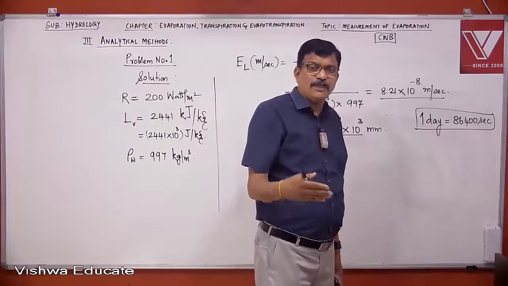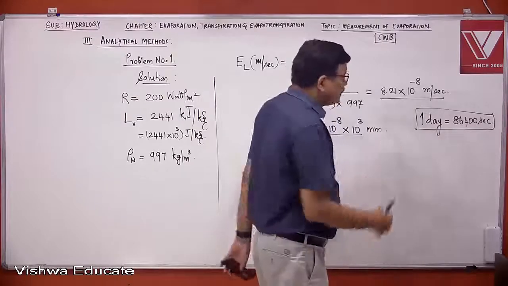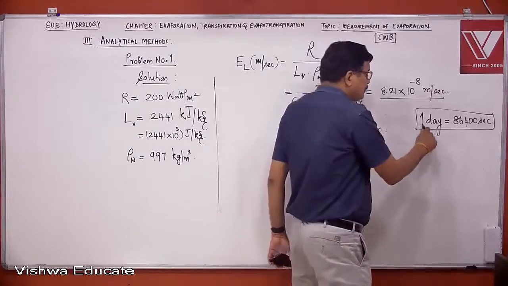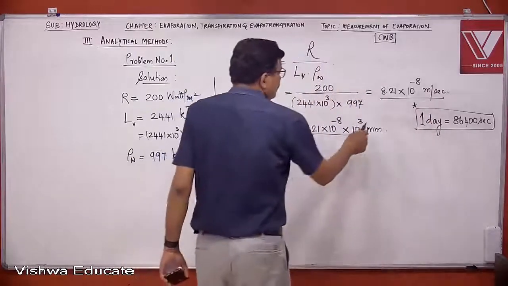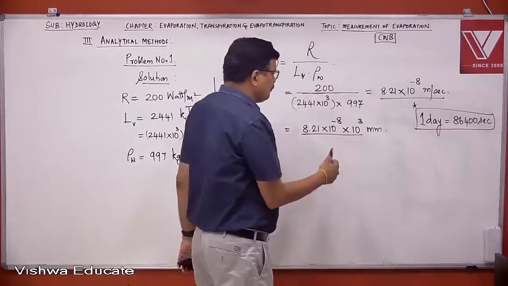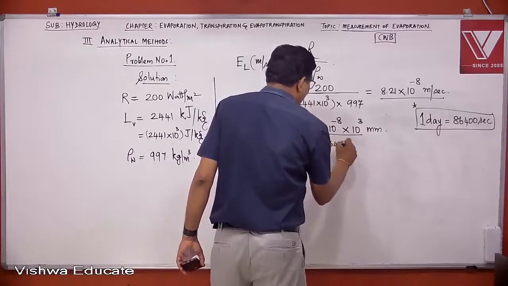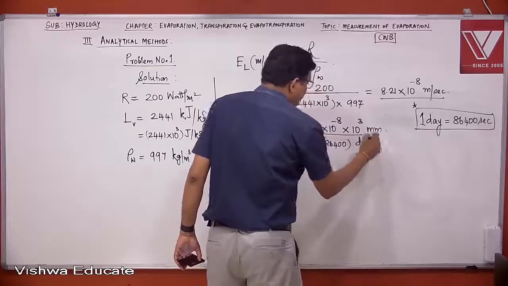So 24 times 60 times 60 is 86,400. It is always advisable to remember this unit conversion. So 1 second would be 1 by 86,400 in the denominator, in days.